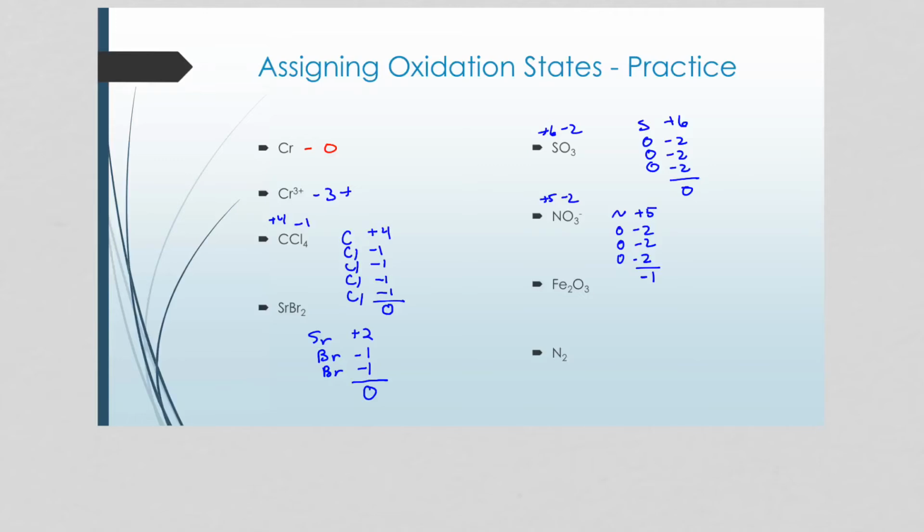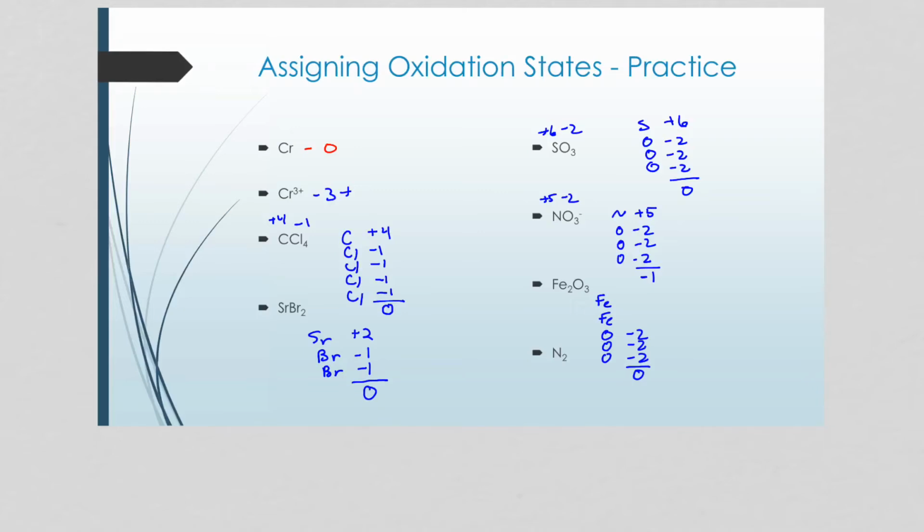So we look at Fe2O3. Okay. So we have Fe, Fe, O, O, O. So again, these have to add up to 0. Now, oxygen, we have a rule for. It's going to be -2, -2, -2. So it's -6.